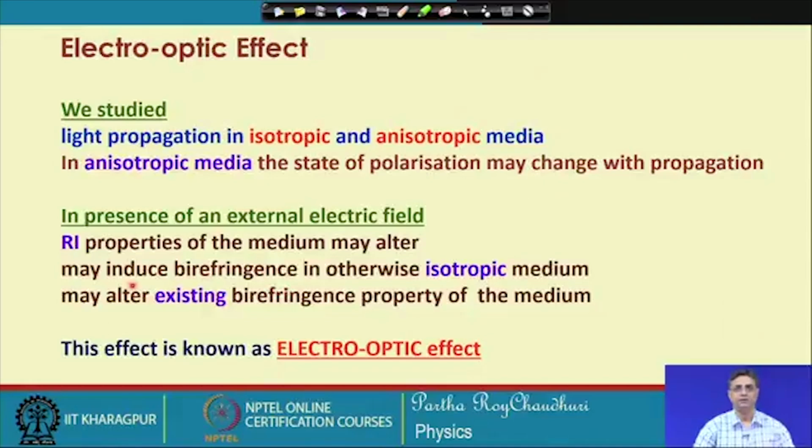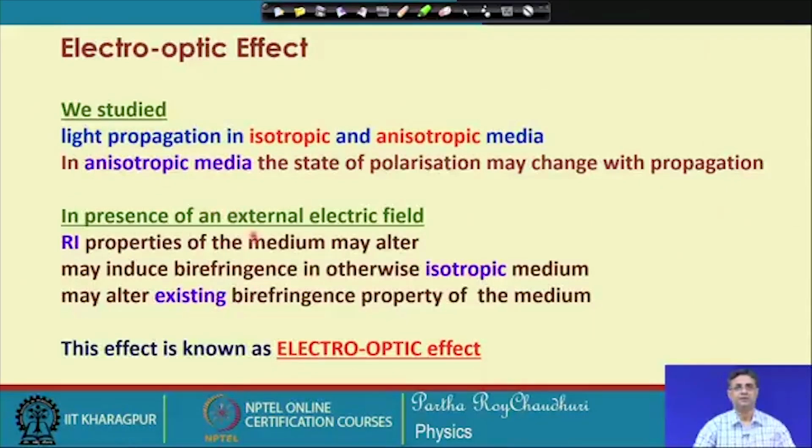That is to say that if it is an isotropic medium, it may become anisotropic with certain changes in the refractive index properties, and if it is already an anisotropic medium, there may be changes in the refractive indices, so that the new medium under the influence of external field is again anisotropic, but the properties are different.